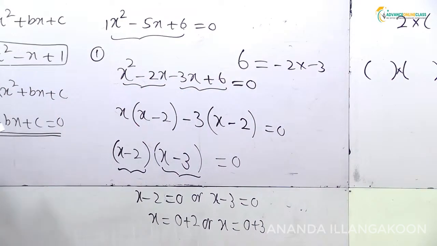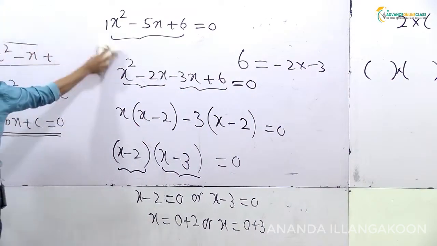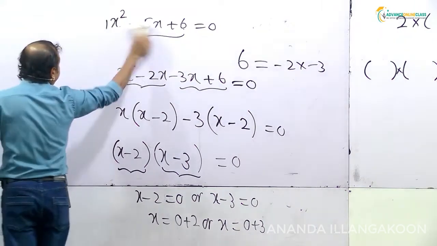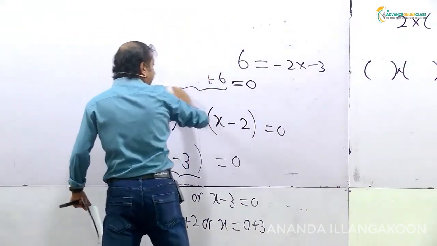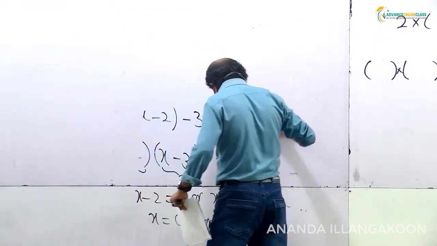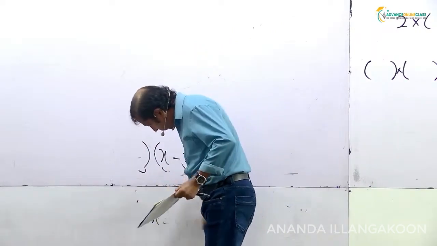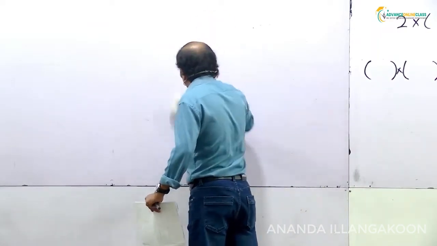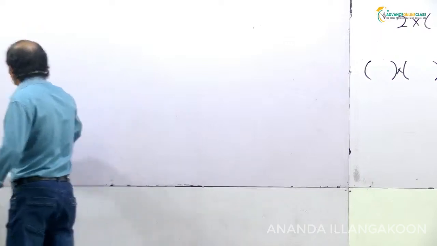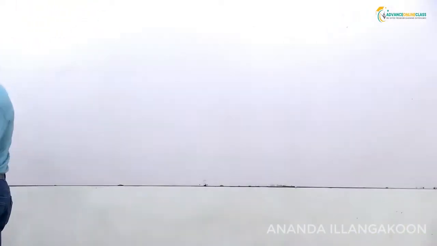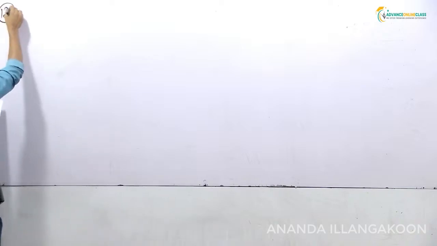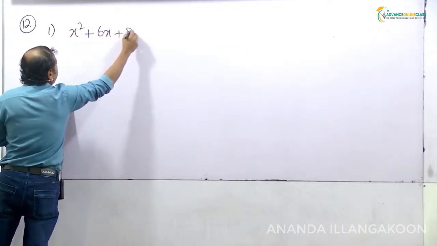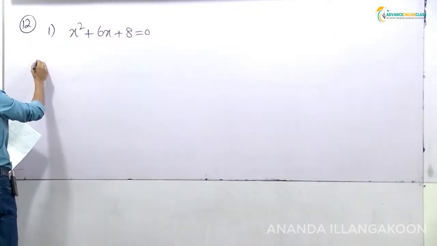Take question number 1 in 12: x squared plus 6x plus 8 equals 0. The first method I am going to use is the factor method.